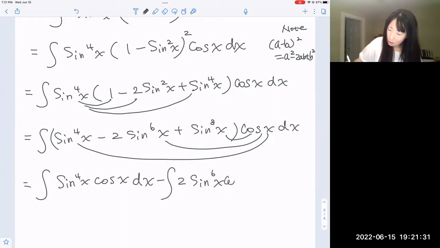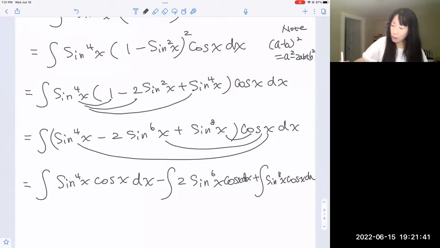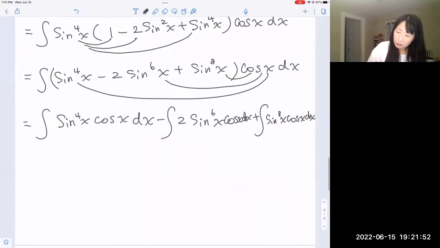So this is cosine x. Okay, sine to the fourth power cosine x. Let u equal to u sub.